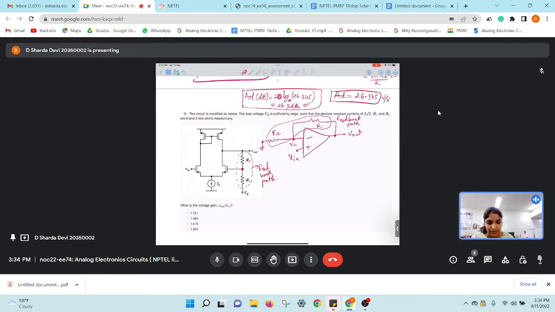Okay, clear? First let's read the question. The circuit has been modified as below. The bias voltage VB is significantly large, such that the devices conduct currents of I0 by 2. That means both branches will have I0 by 2.